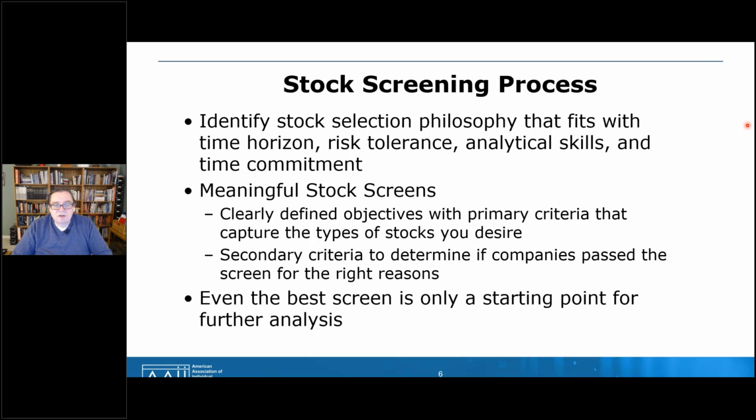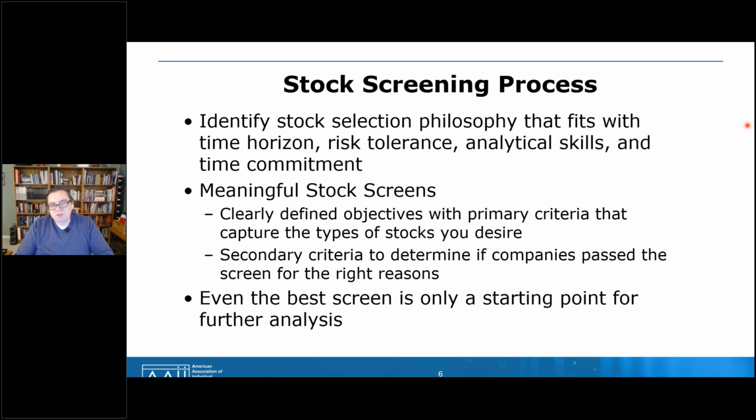Now, if you're building your own screens, and we've built these for you, our focus tonight will be on the predefined screens that exist within AI.com. But what you're going to find, and what we've found, is that good quality screens have both primary criteria and secondary criteria. The primary criteria help you find the kind of companies that match up with what you're looking for.